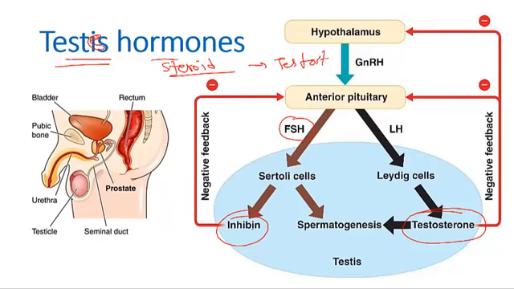The function of inhibin is the same in both the male body as well as the female body. It works by negative feedback to stop the release of follicle stimulating hormone, which prevents the further production of testosterone and blocks spermatogenesis, while testosterone produces sperm and helps in the process of spermatogenesis.